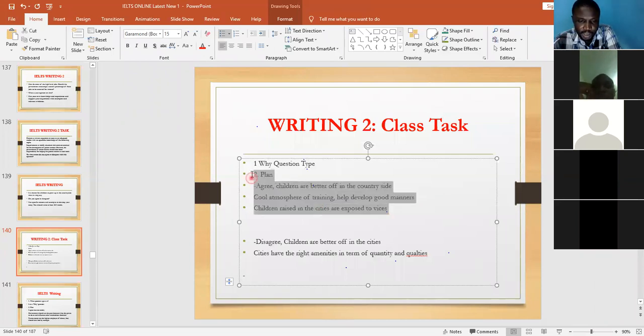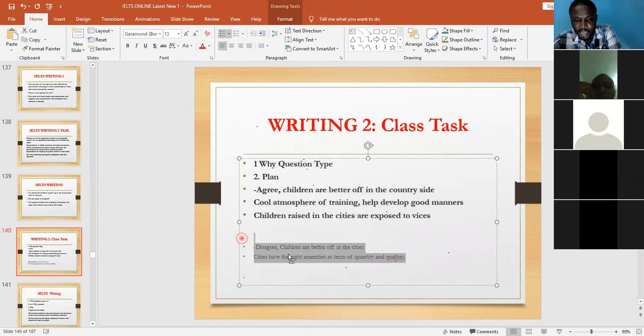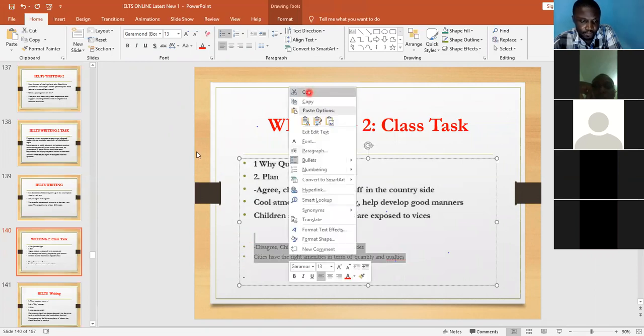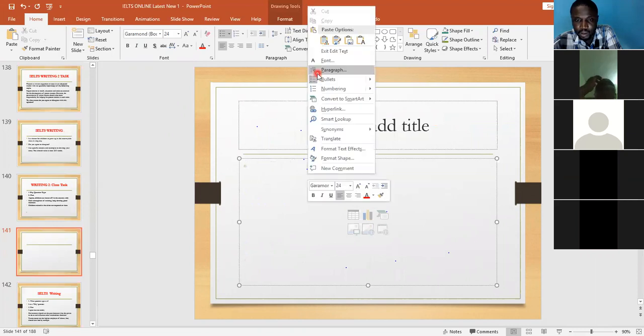Okay, I have written it. Let me just bolden it for the sake of people who will be watching the video later. This is the first point. Let me write the second one of disagree in another slide so as to make it clear.